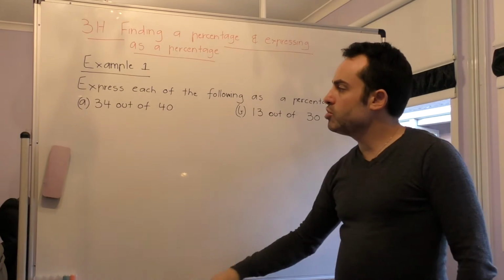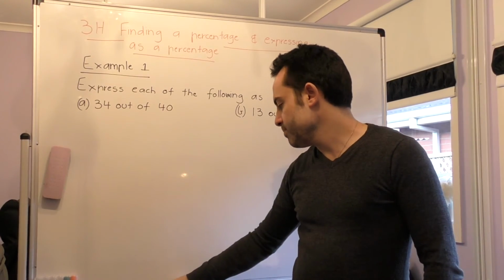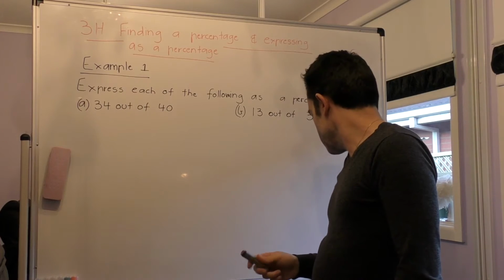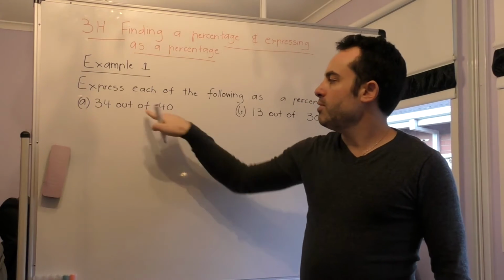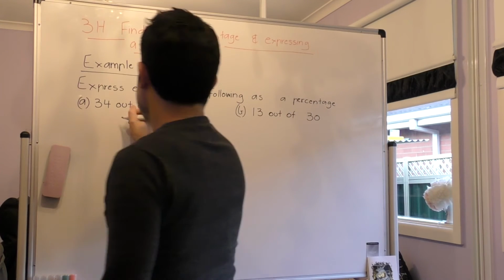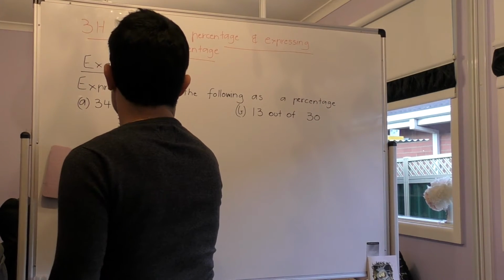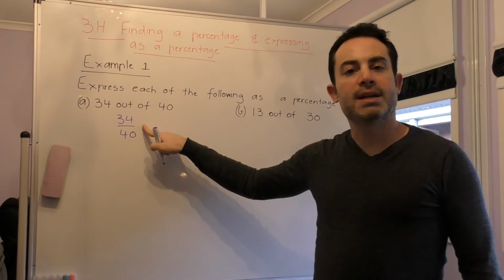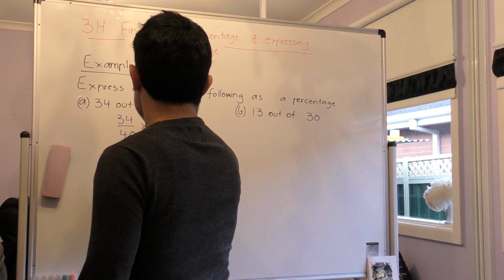What you're going to do is write this as a fraction. So 34 out of 40 as a fraction would be 34 out of 40. Then, to convert that to a percentage, we need to times that by 100.